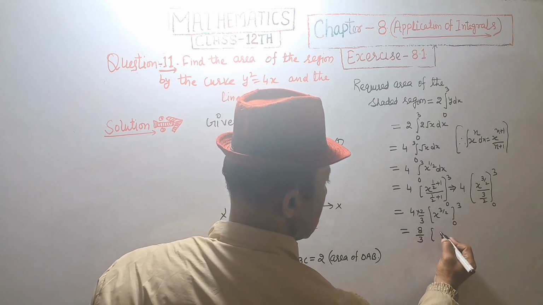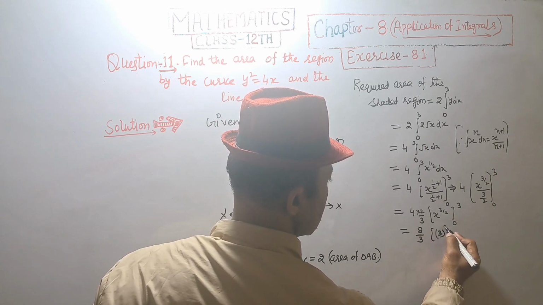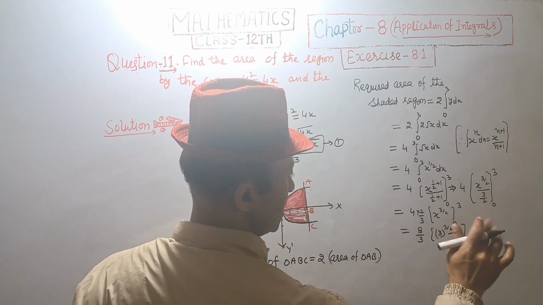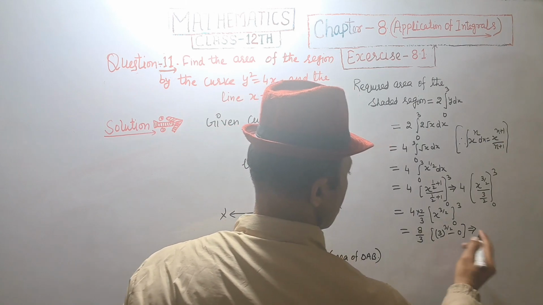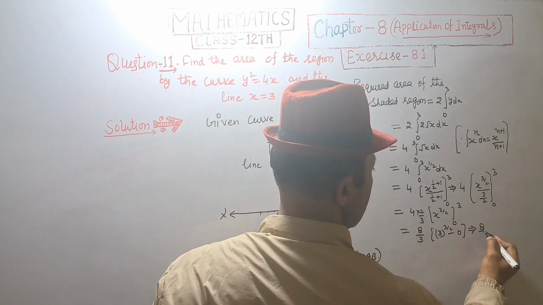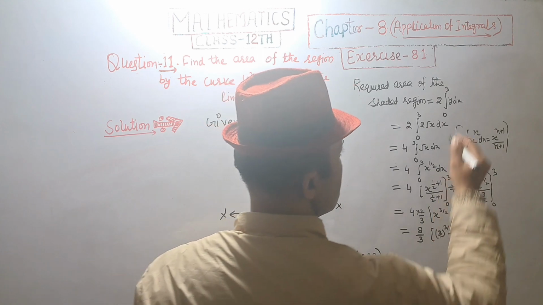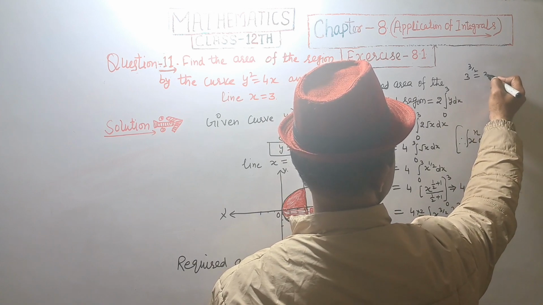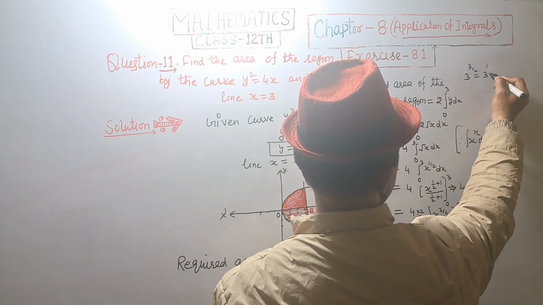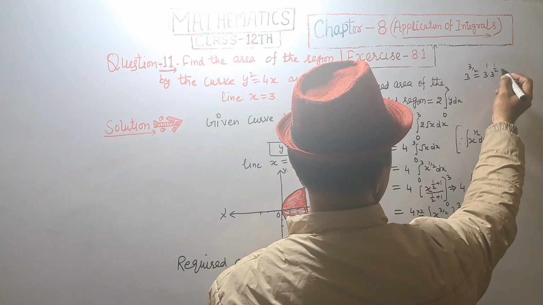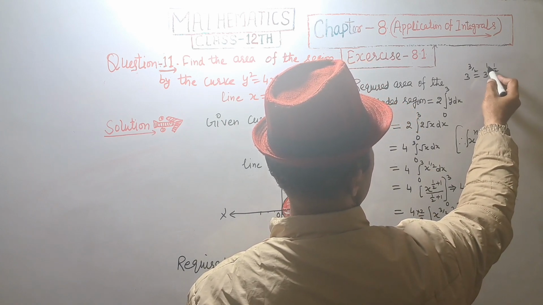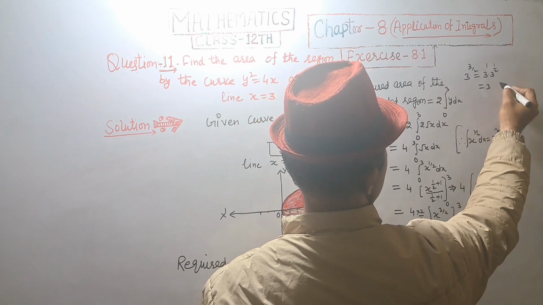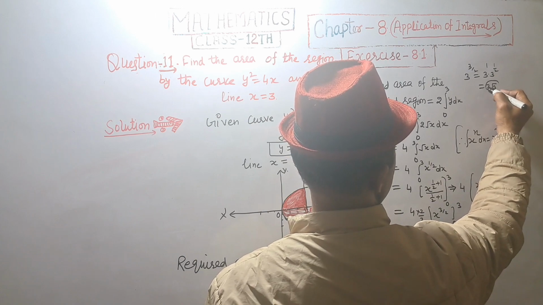We are putting upper limit first, 3 raised to power 3 upon 2 and lower limit is 0, that will be 0, which implies 8 upon 3 and 3 raised to power 3 upon 2, we can write it as 3 raised to power 1 into 3 raised to power 1 upon 2, 1 plus 1 upon 2 is 3 upon 2, and 3 into 3 raised to power 1 upon 2 is root 3.